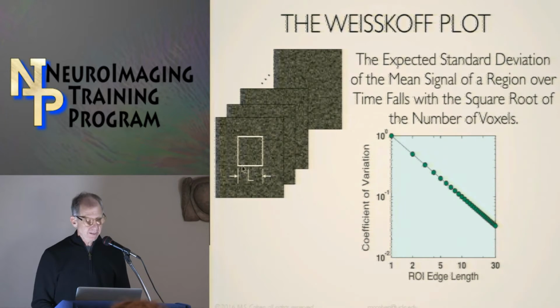Now, assuming that the signal throughout the scan is uniform, what you expect is the standard deviation within that box to go as the area of the box, right? The square root of the number of pixels gives you your best estimate of the mean signal.